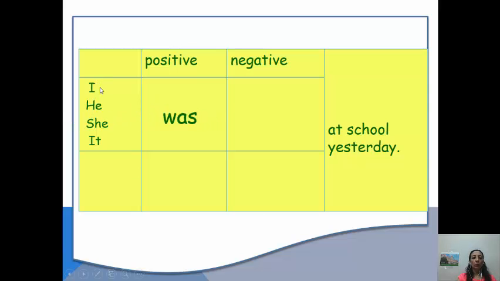With the personal pronouns I, he, she, and it, we use was in the positive sentence, the affirmative sentence, and wasn't for the negative sentence. So here, am in the present changed to was, and is changed also to was, and in the negative wasn't.